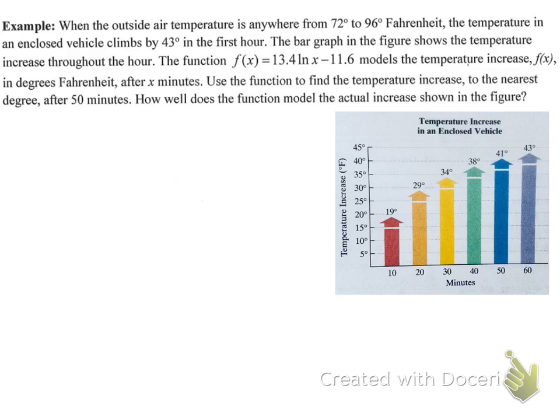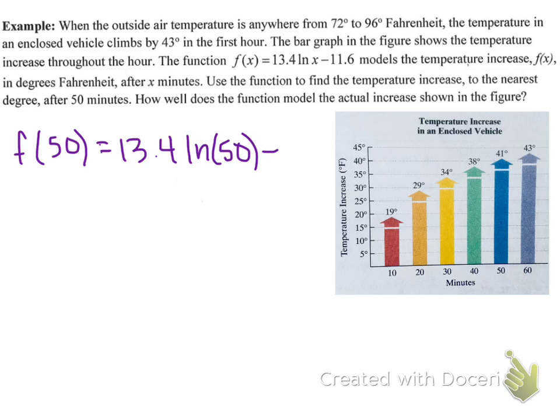Because I want to know 50 minutes, you're simply going to plug 50 into the equation. So we're evaluating this at 50. I have 13.4 ln of 50 minus 11.6. Obviously, this is calculator work, so you would type this in the calculator, and we'll get approximately 41 degrees Fahrenheit.